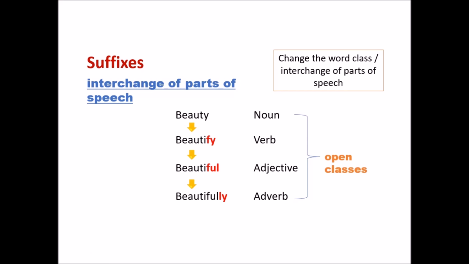So beautiful. I have formed an adjective by adding a suffix to a verb. Beautifully is an adverb. I have added a suffix and formed another word, an adverb. So we can form some more words by adding suffixes to a root word.